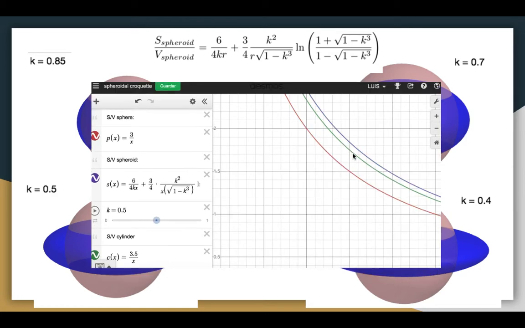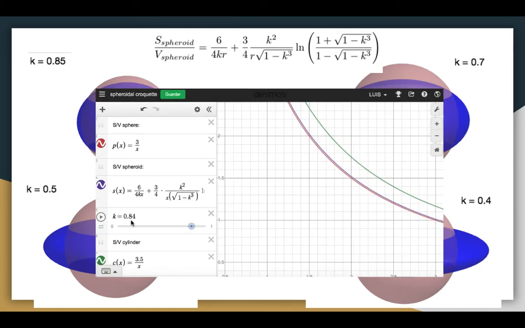For a squeeze factor of 0.84, a big one, it already is much closer to the sphere, and you just play with this slider and see where it crosses the cylinder and how it decreases until it gets pretty close to the sphere.